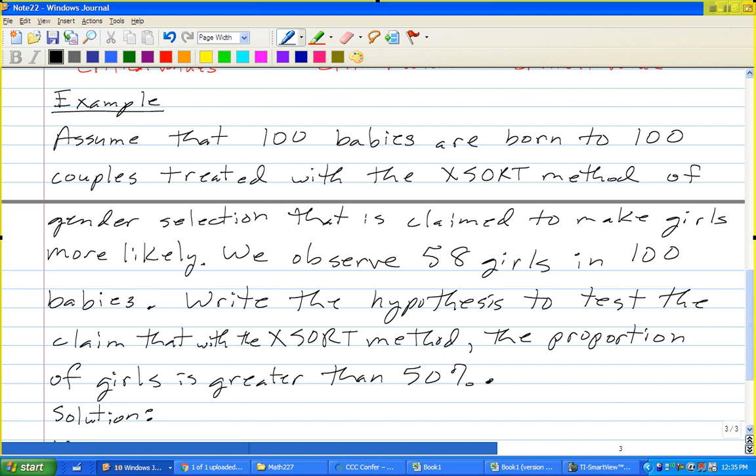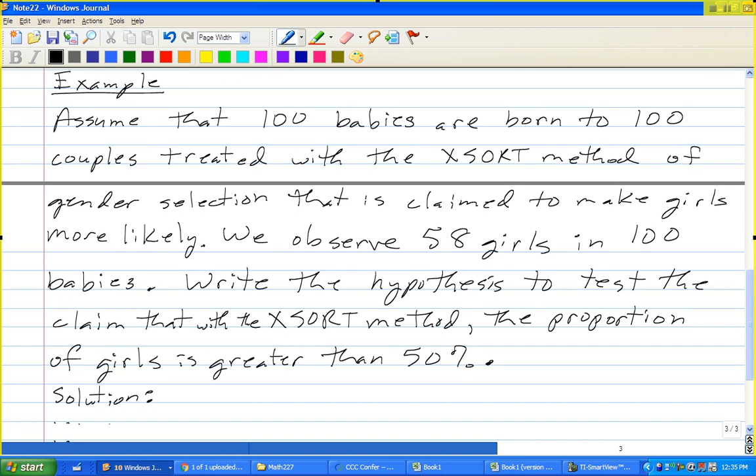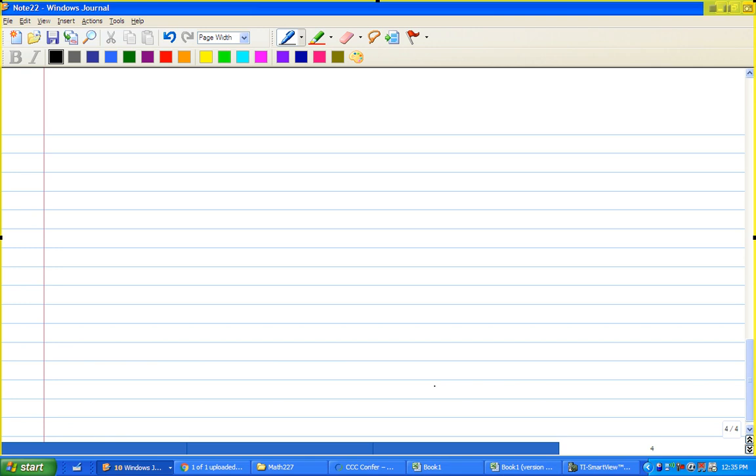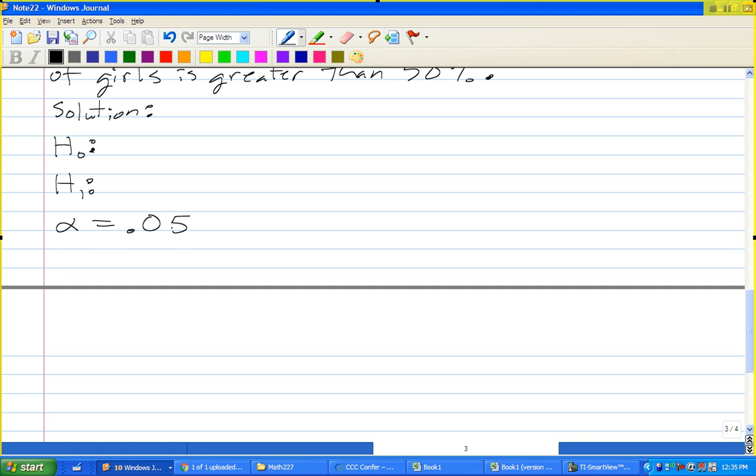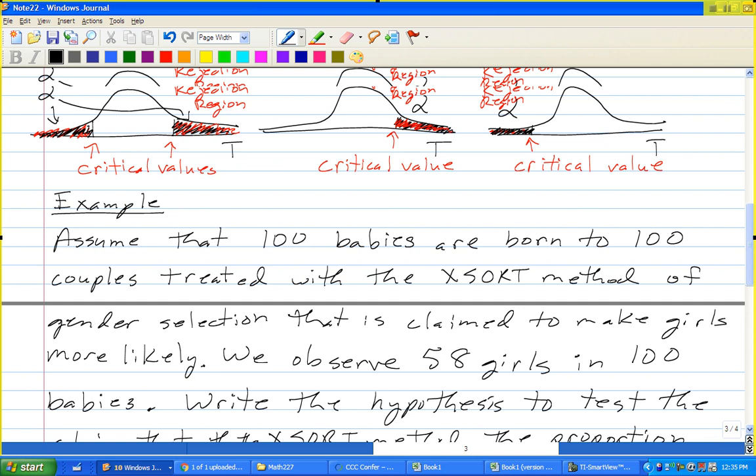If I look here, they don't tell me what the level of significance is. If they don't tell me the level of significance, we always assume the level of significance is 0.05. So since the level of significance was not specified, then it's always equal to 0.05.